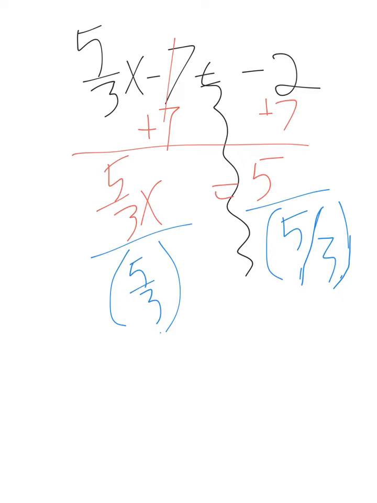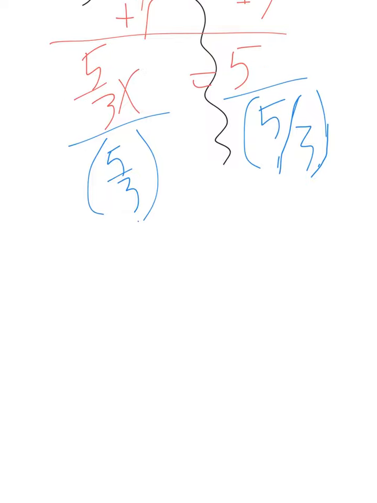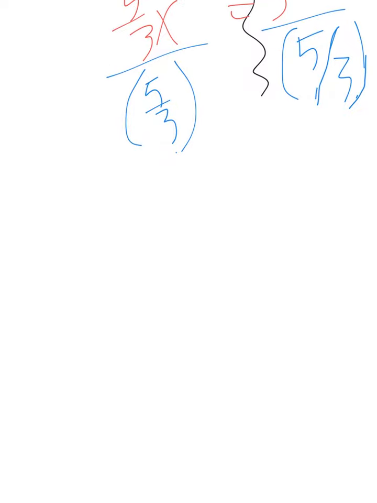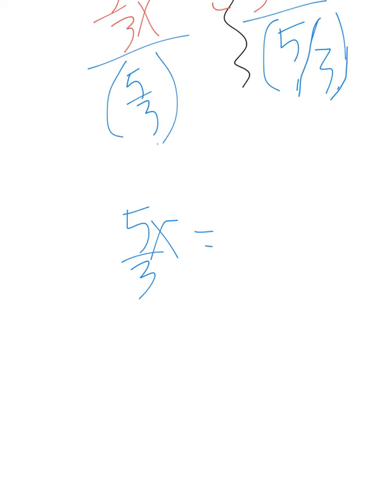But the easier way, and I can do a separate video to go into a bit more detail, is to just flip it and multiply. So if I have 5 over 3x equals 5, the opposite thing would be to multiply by the opposite of the fraction, okay?